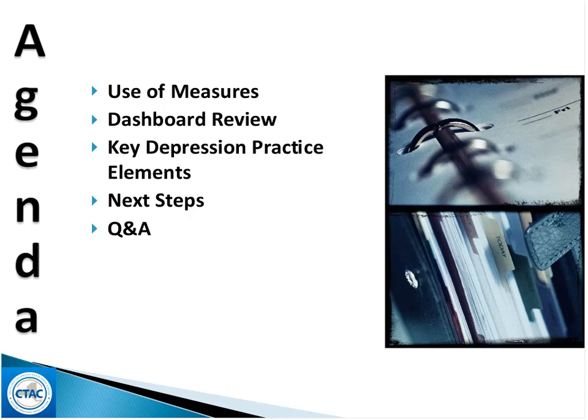Once we get through that, we'll talk about key depression practice elements. It's going to be a broader, more in-depth review of the 3 practice elements that were reviewed at the last webinar. That includes CBT, self-monitoring, activity schedules, problem solving, and goal setting. And then we'll wrap up with next steps and hopefully have some time for question and answers.